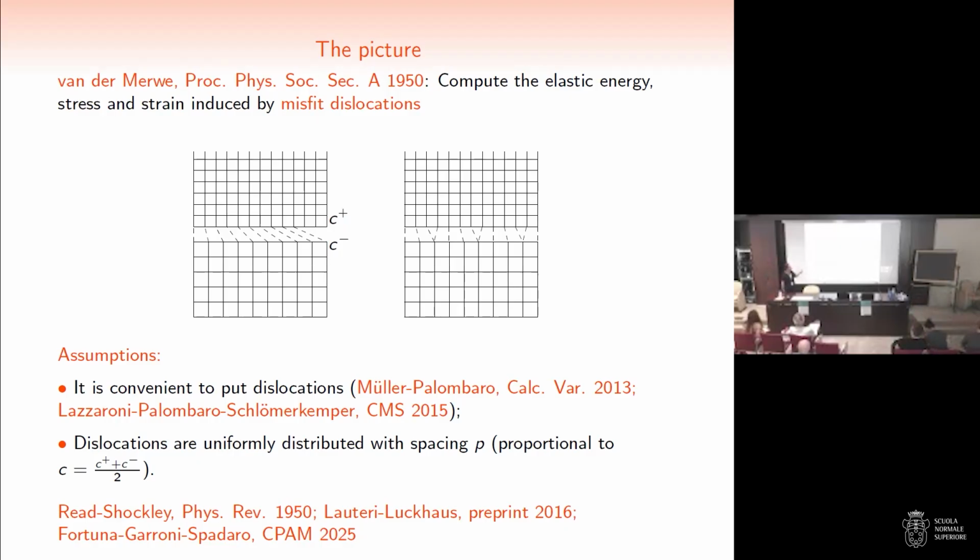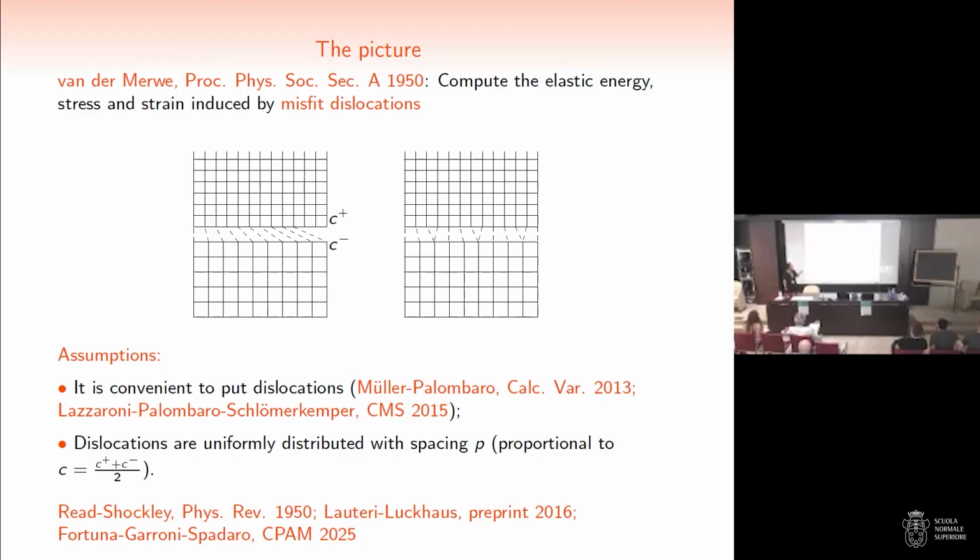Now this is the picture. I have two pieces of lattices. These are the same lattice with the same orientation, but with a slightly different lattice spacing. The lattice spacings are c+ for the top lattice and c- for the bottom one. I want to compute the energy that is created at the interface between these two lattices.